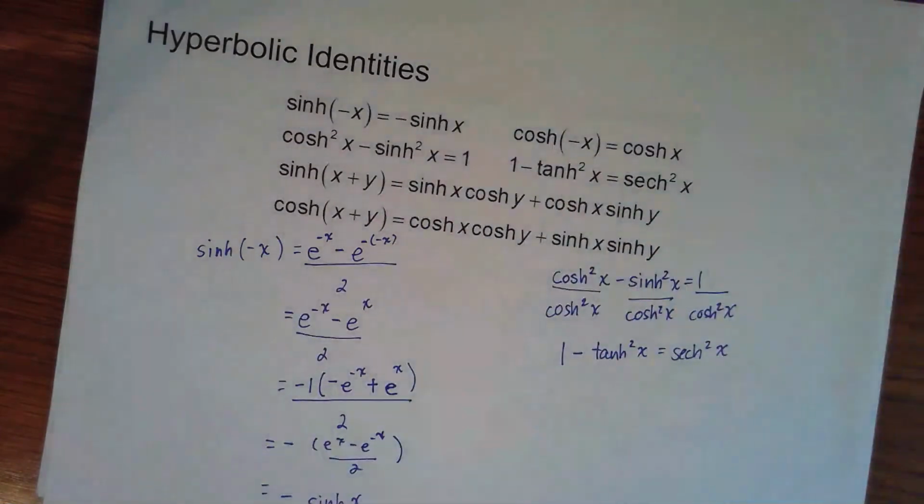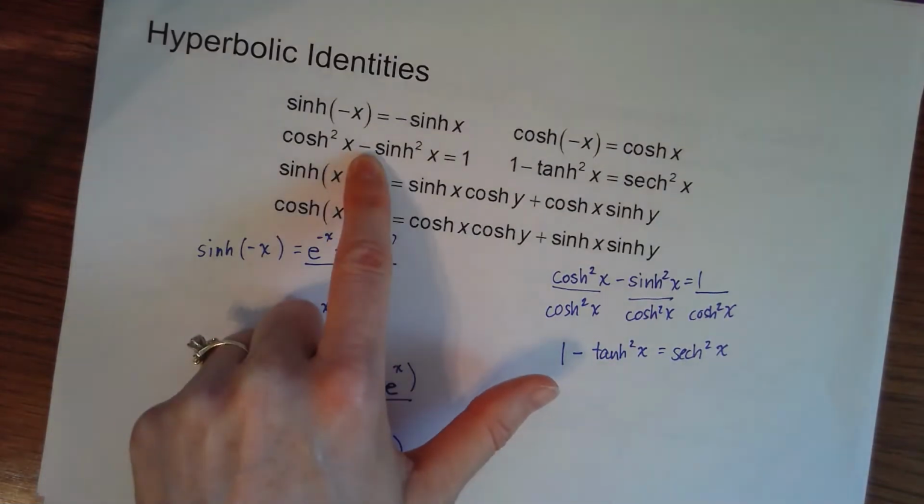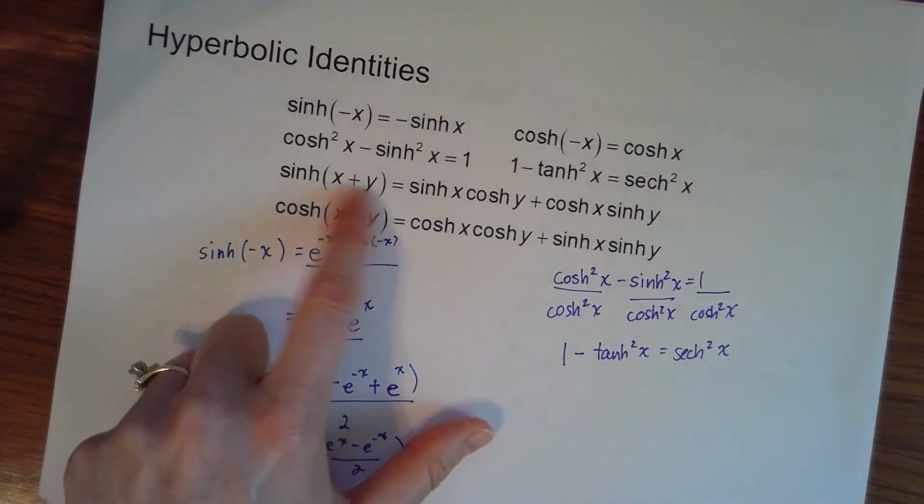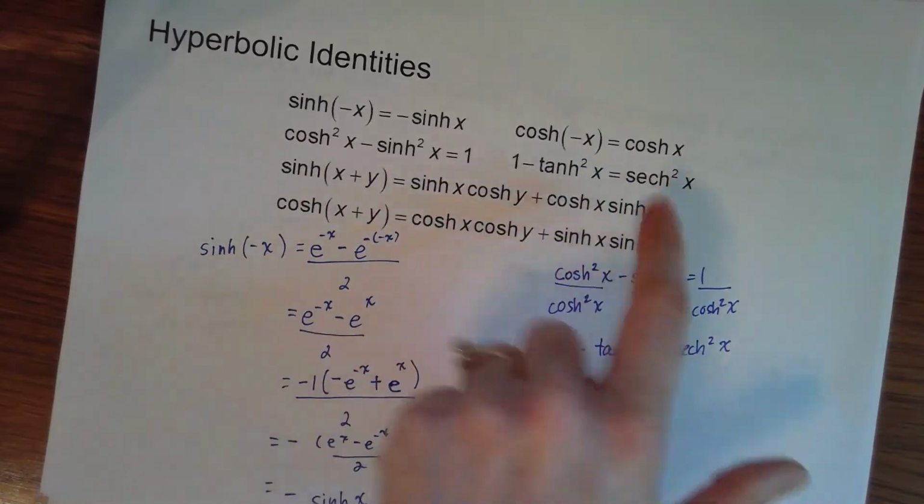And there's other ones listed here. Some of those will be exercises for you to do in homework, but you can see that the identities are similar to the identities that we know, but just some slight differences, so be careful. Like notice here, remember with the sine of a sum, we see sine, cosine, cosine, sine, right?